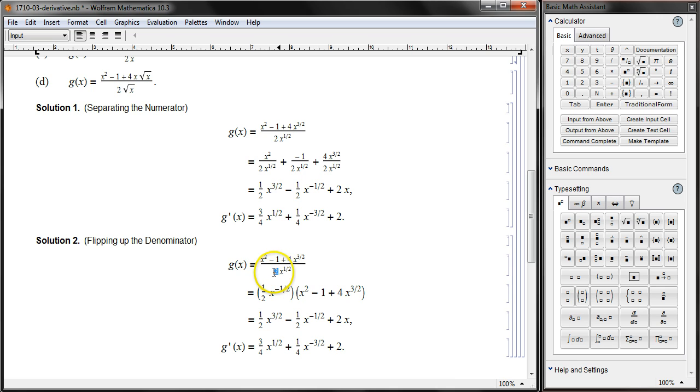This 2 does not flip. It stays at 1/2, and the x part becomes a negative power, and then we just distribute all those. After all that multiplication, we get the same simplification as before, and taking the power rule, we get the same answer as before.